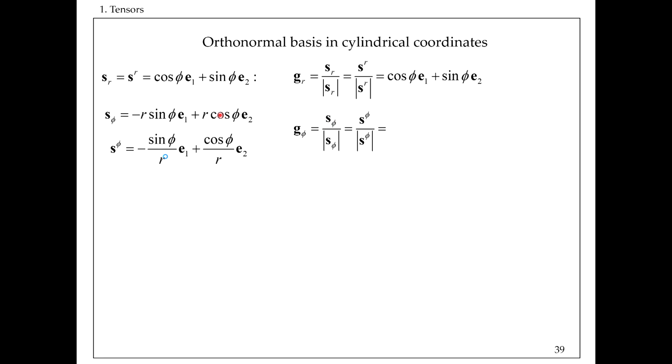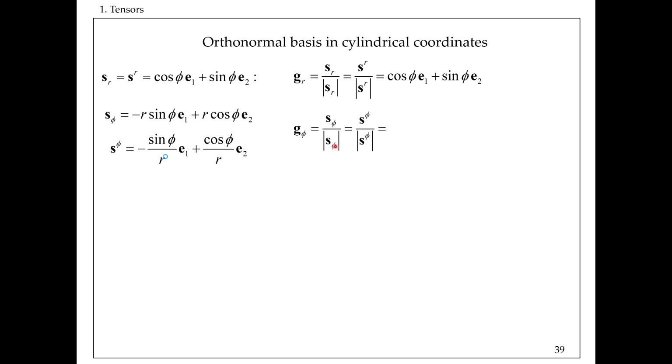If we take this one, the length of this vector will be r, right? So r square sine square plus r square cosine square. We pull r square outside, and cosine square plus sine square will be 1. So the square root of r square will be r.